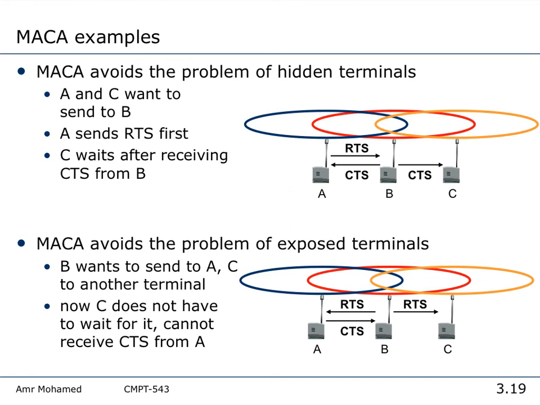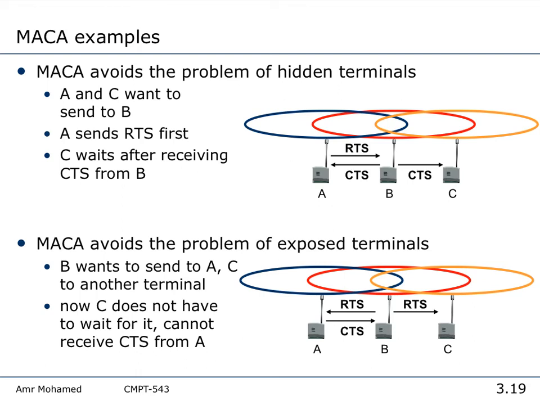When we use RTS CTS, what will happen is that when A sends RTS to B, B will send the CTS. So C will listen to CTS. It will not listen to RTS, so it's still hidden from RTS, but it will listen to CTS. And again, remember, these signals are very, very short, so hopefully this RTS CTS exchange will happen before C tries to do anything.